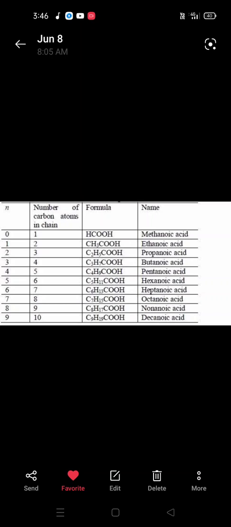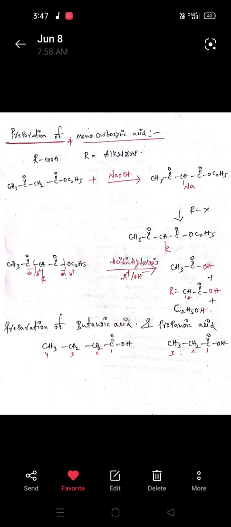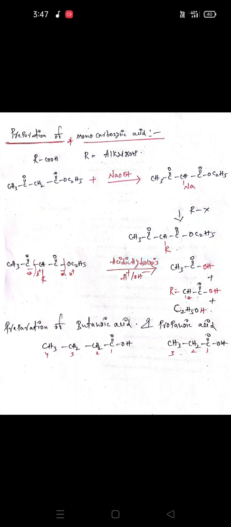If you prepare propanoic acid, we need one more carbon, so that's why we add the methyl group. If you prepare butanoic acid, we need 2 more carbons. So we can prepare many monocarboxylic acids this way. For butanoic acid we need a substituted 2-carbon chain.